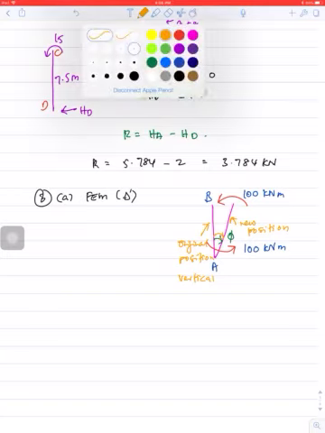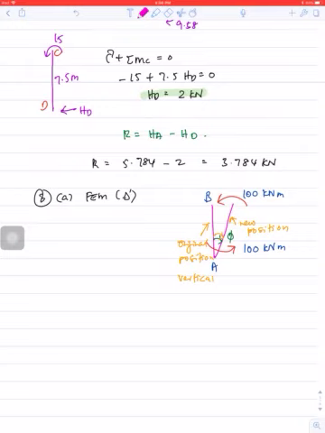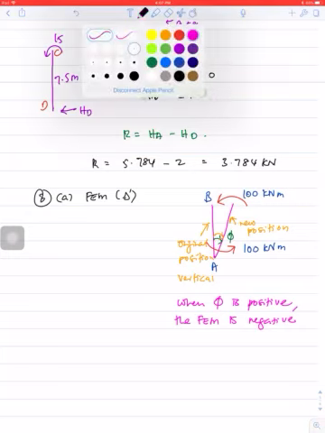So I can make one conclusion here: when the angle is positive, the FEM is negative, so that we can push the column to its original position, so we have to apply the negative FEM here.